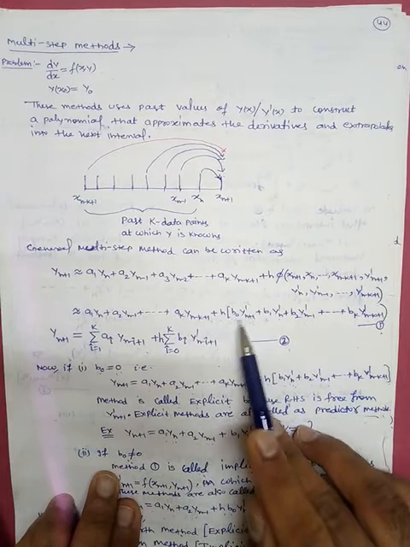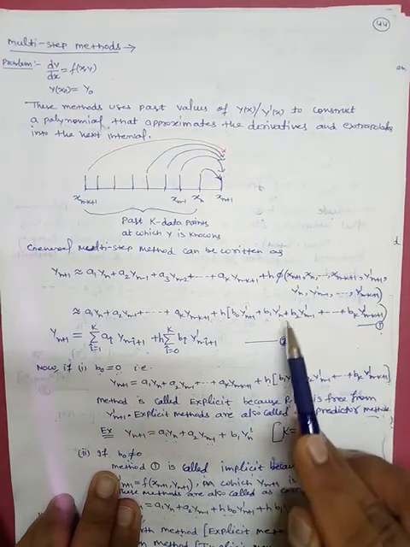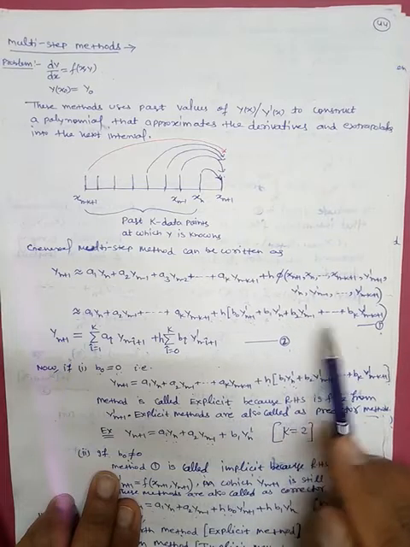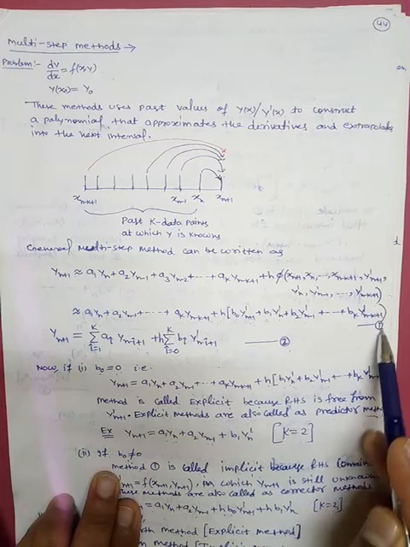So h times b naught y dash n plus 1, plus b1 y dash n, plus b2 y dash n minus 1, up to b k y dash n minus k plus 1 last. This is equation number 1.